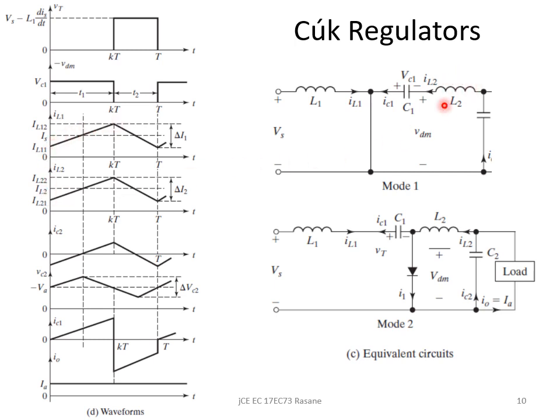Similarly, we have one more inductor IL2, which basically is also charging in mode 1. In mode 1, the capacitor is the one which is going to discharge through the load and the inductor L2. During that time, it is seen that the current rises from IL21 to IL22.